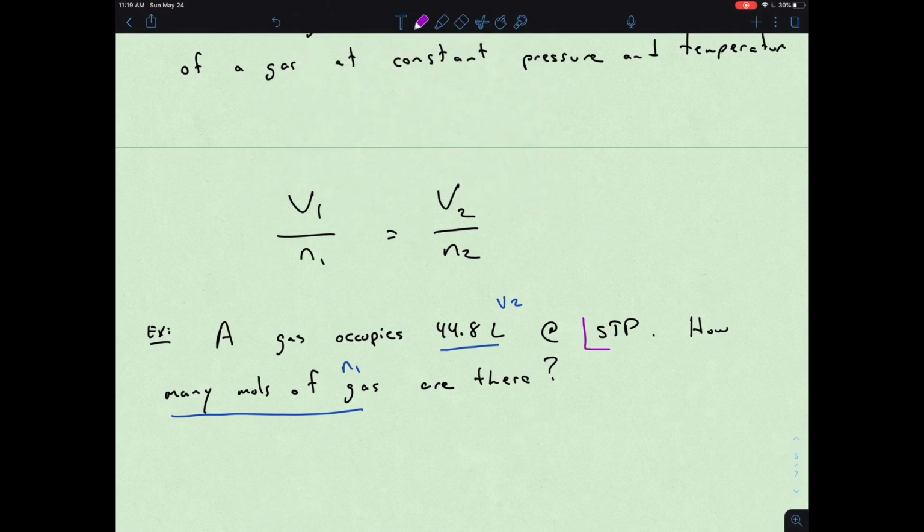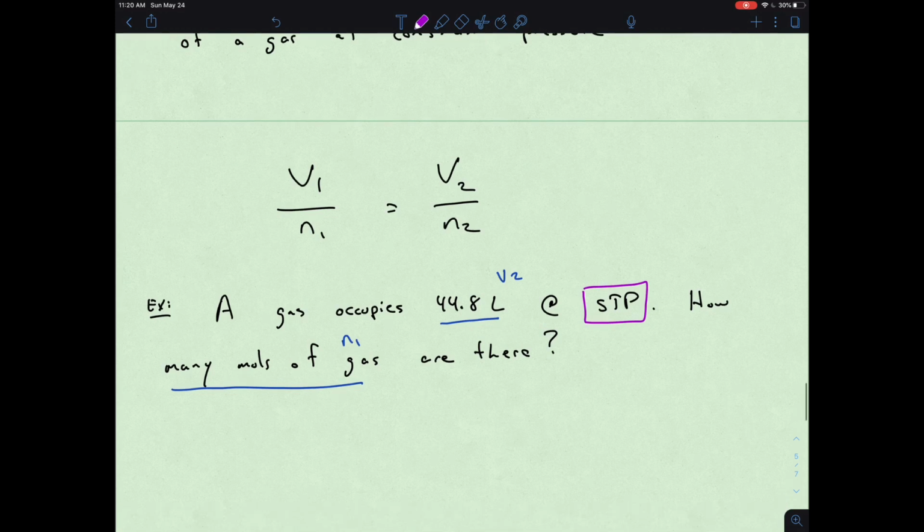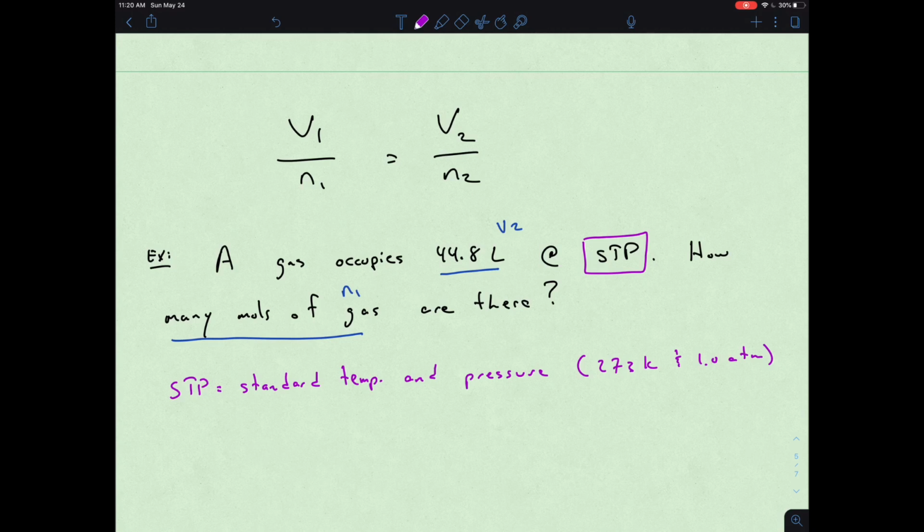And then we have to remember what STP is. Again, not Stone Temple Pilots, right? But this idea of standard temperature and pressure being 273 Kelvin and 1 atmosphere. So remember, at STP, 1 mole of gas occupies 22.4 liters.